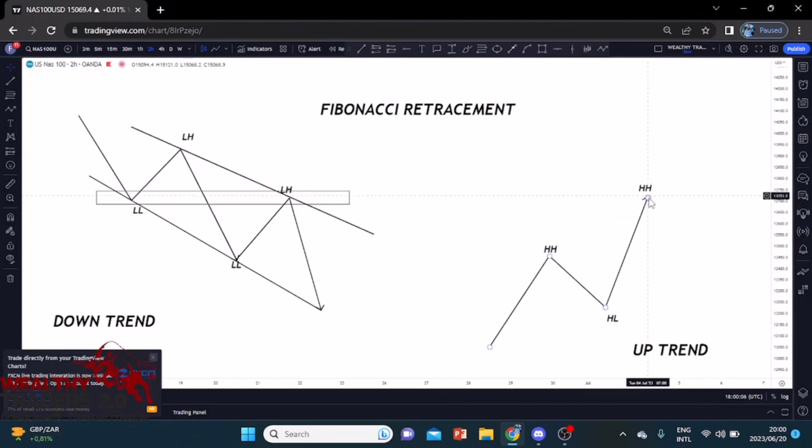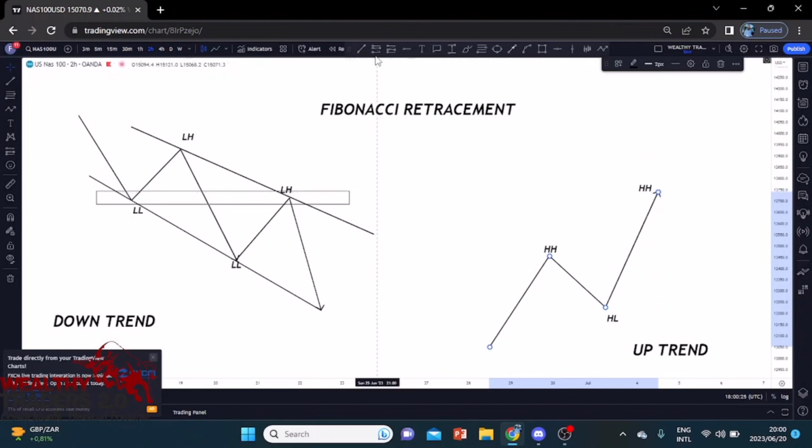In an uptrend, for you to plot your Fibonacci correctly, you have to start your Fibonacci from your higher low to your higher high to get your potential higher low, so that you can enter a buy trade.